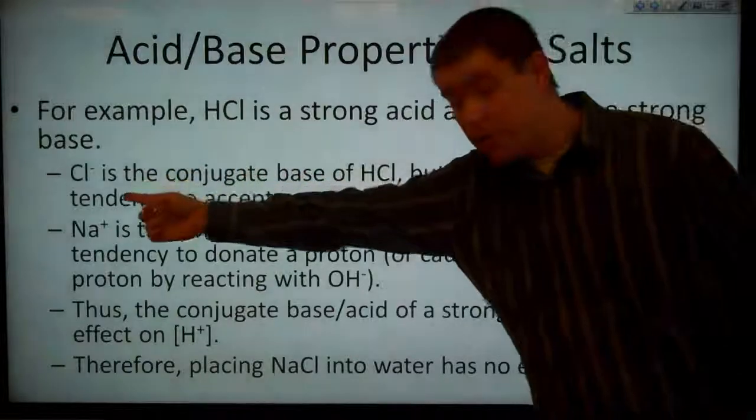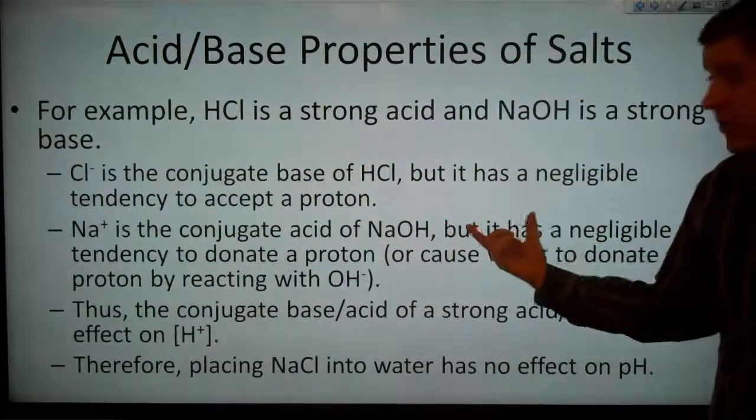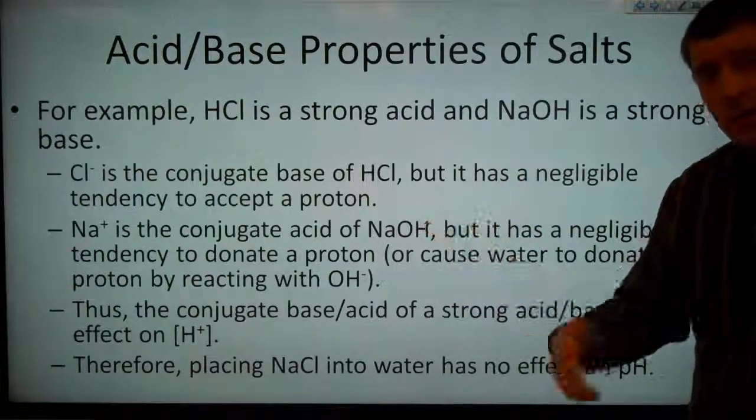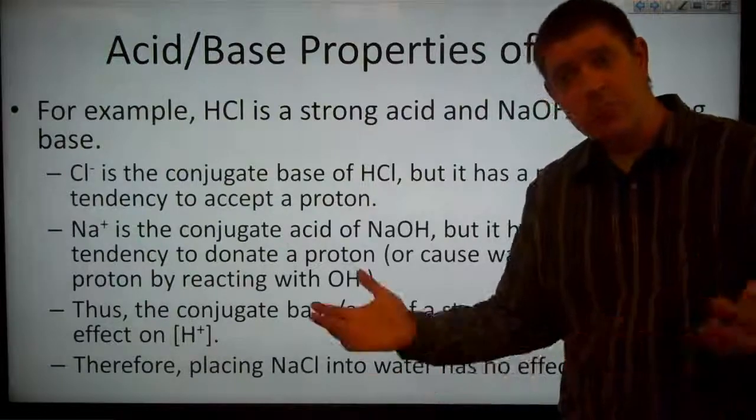So chloride is the conjugate base of our hydrochloric acid, but it's got a negligible tendency to accept a proton. That means if we put chloride ions in solution and we put some protons in solution, they're not going to combine.